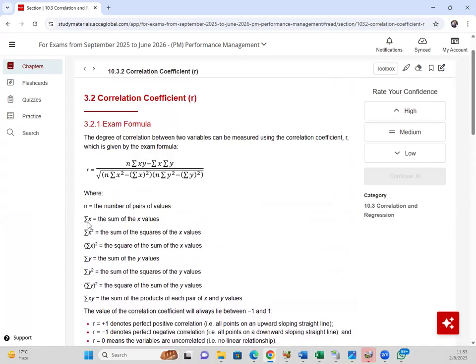The n, the summation of x, are on the calculator in blue, or it could be in green. The summation of x is there, the summation of x squared is there, and the summation of y squared. So it's just a matter of pressing the second function where the summation is given. For example, if you want the summation of x squared, you press second function, then the key where it is, which is on the plus or minus button.